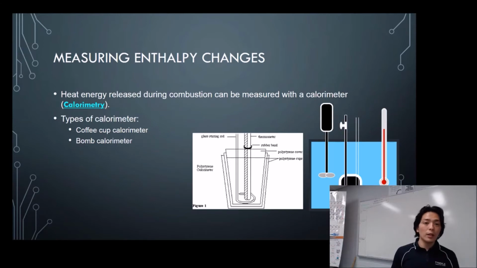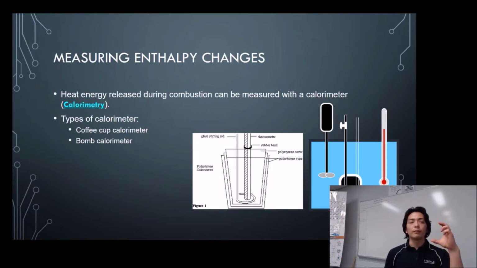Bomb calorimeter is also another thing that can be used, not very easy for school laboratory settings, because it requires a stainless steel container in which a mini explosion occurs.